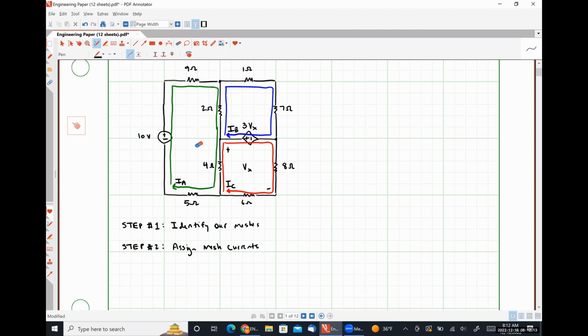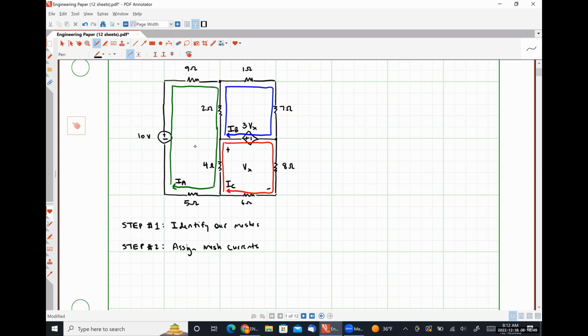That being said, your life will be much easier if you choose to use all clockwise or all counterclockwise, because you won't get random positive and negative signs where you wouldn't necessarily expect them if you followed one convention, okay? So the direction that you choose for the meshes is entirely arbitrary, but for the sake of making as few mistakes as possible, it's best that you choose one particular direction to put all of your meshes in. You don't have to, but the algebra can get more confusing if you choose not to.